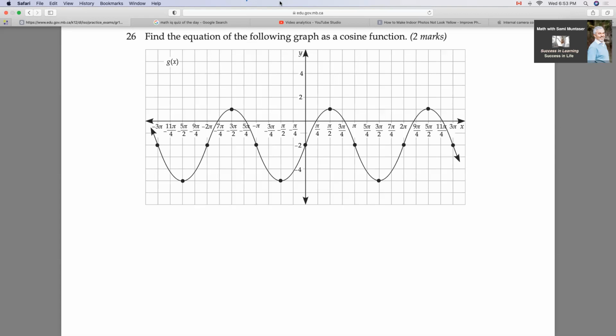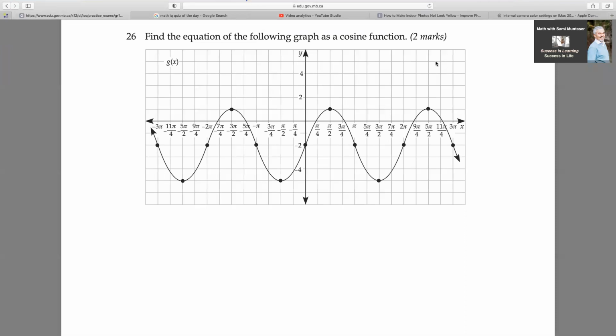Okay, so as a cosine function, this is important. For some of you who don't know, just know every wave you could express as a sine or a cosine, it doesn't matter. This is your baseline right here.